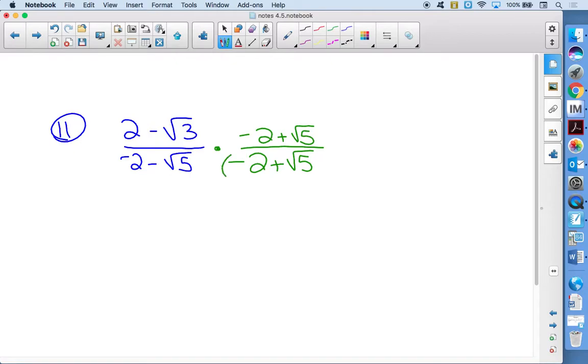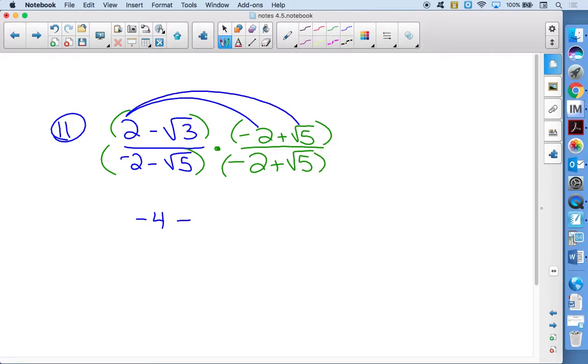So parentheses go around all of this, and then you've got a lot of foiling to do. So just be really careful with the foiling. So 2 times negative 2 is negative 4. And then we have 2 times the square root of 5. Write them next to each other.